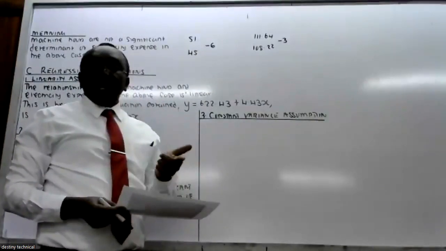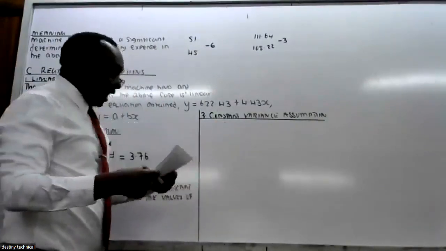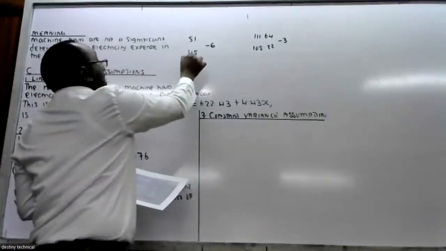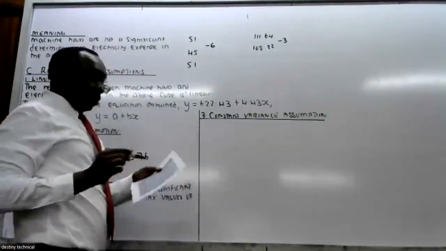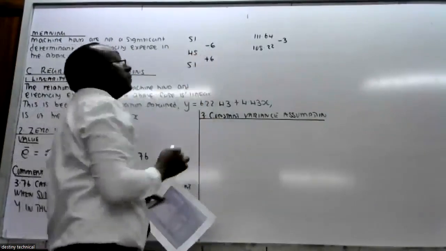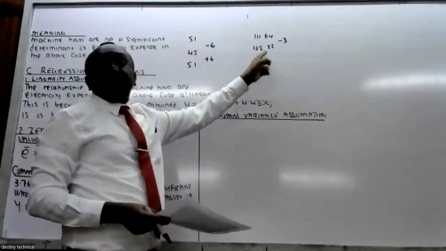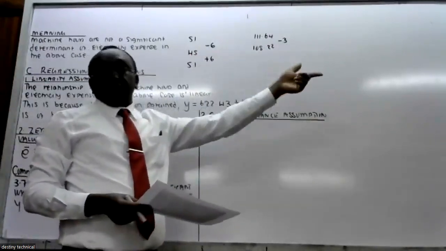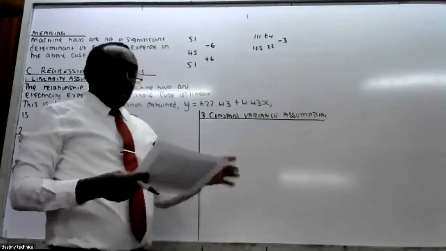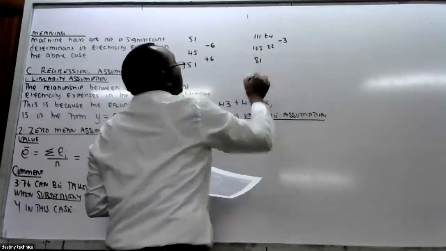But as I told you earlier, you don't just do one and get satisfied. You do several. So we go to the third one. The third one is 51. So what has happened? Tumeongeza another 6. So we expect sasa tukienda hata hii error itakuwa imesonga juu. It will have increased. But when we get there, we find 81.